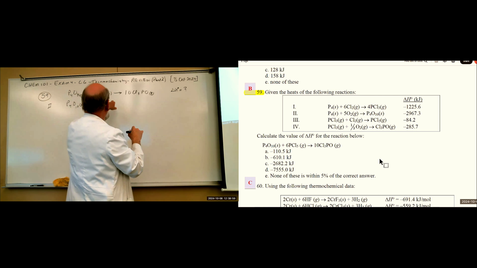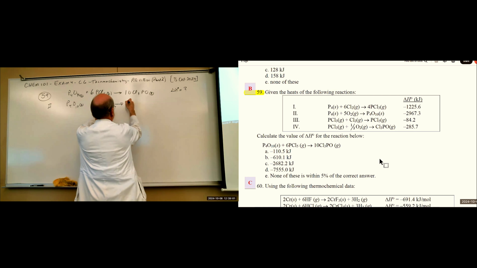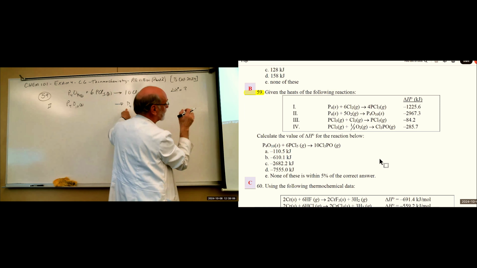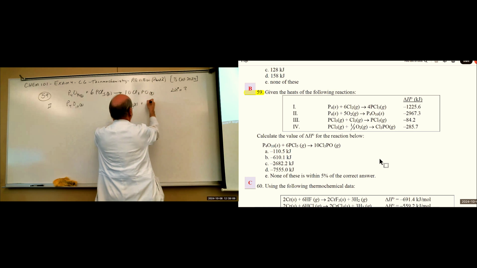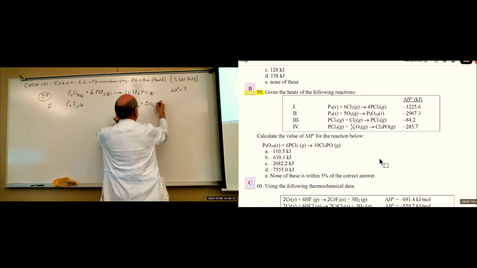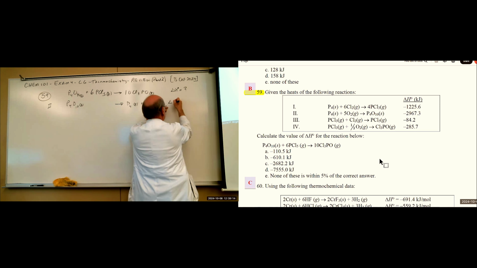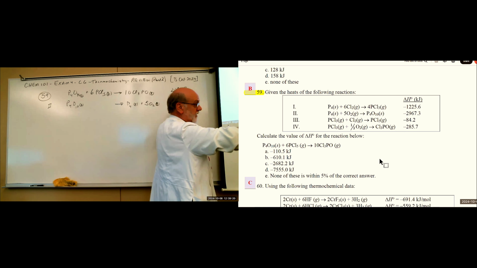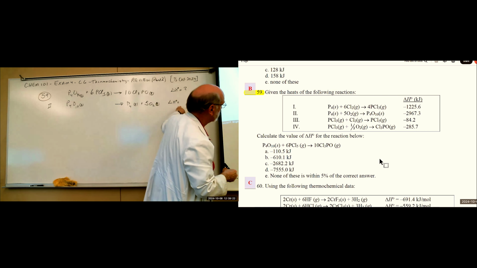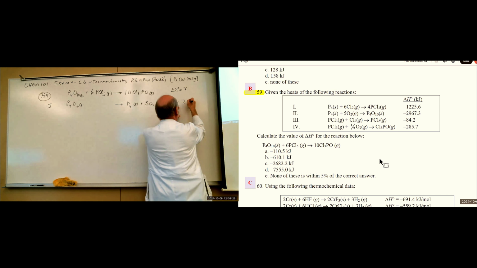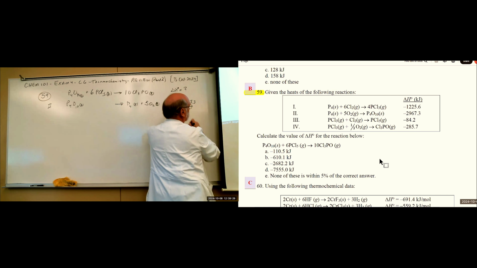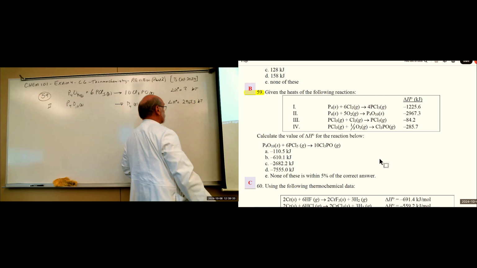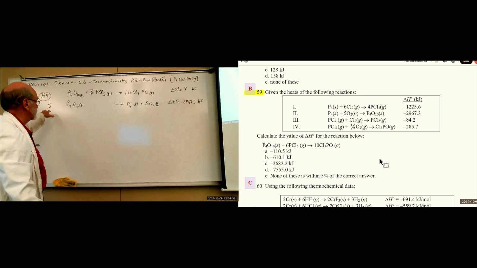And then P4 on this side, which should be a solid, and 5O2. Now the value for delta H in this case is going to be the reverse sign because we flipped the equation. So it'd be positive 2967.3. And this is in kilojoules. You ought to pay attention to that also. Okay, so we've used number 2.